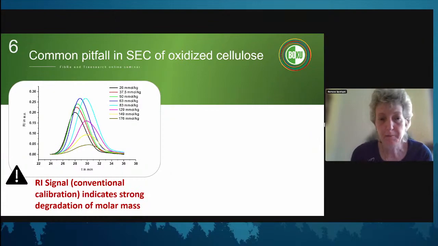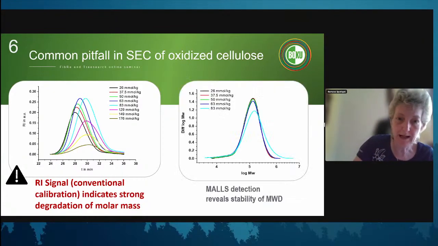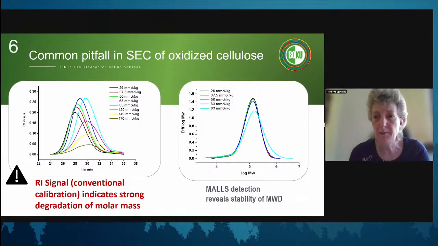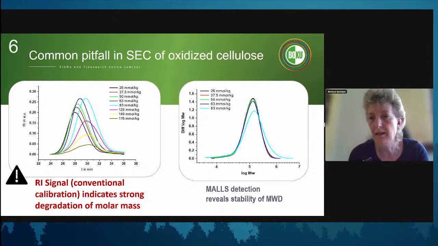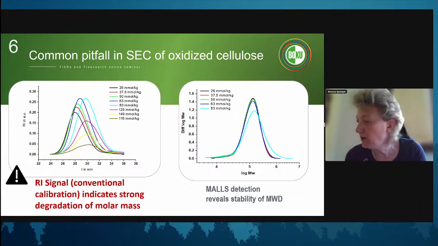Because if we now add a mass detection system, so light scattering, which gives us absolute numbers for molar masses, we see that those very different retention times fall into basically one curve, which means they still have more or less all the same molar mass. So there is no degradation. And if you look at the 83 micromoles per gram curve, it even looks a little bit larger.